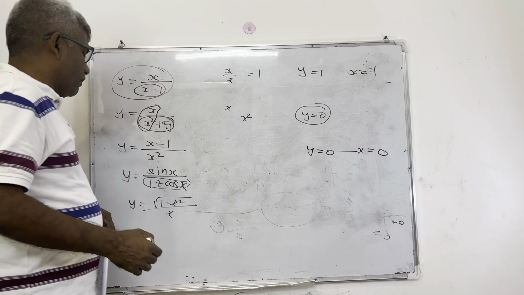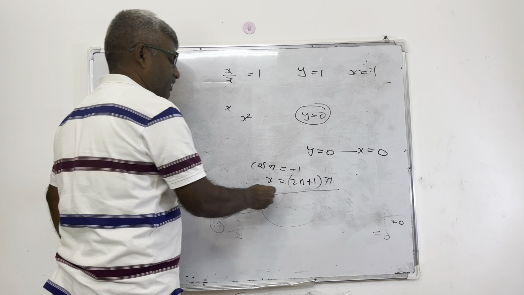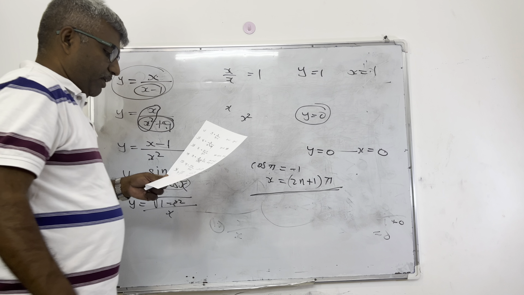At 180 degrees, cos 180 is minus 1. So the vertical asymptote is at x equal to 180 degrees, then 540 degrees, then 900 degrees. It goes in alternate steps. So we list the vertical asymptotes as x equal to (2n plus 1) pi.